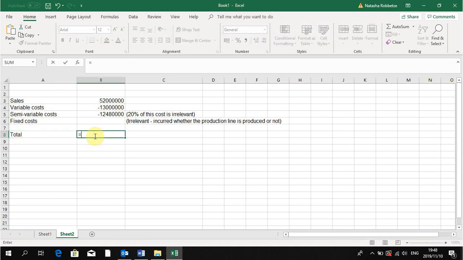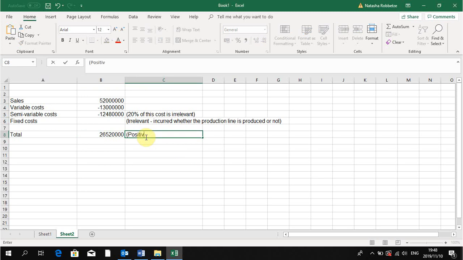Then I can go and calculate a total. In calculating a total, I'm just going to get the sum of all the amounts that I have calculated. And my answer is positive. The answer is 26,520,000 Rand.